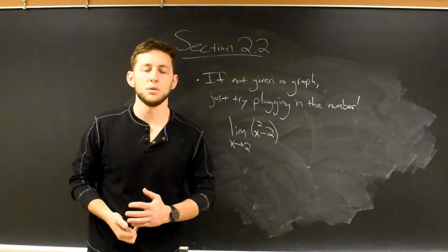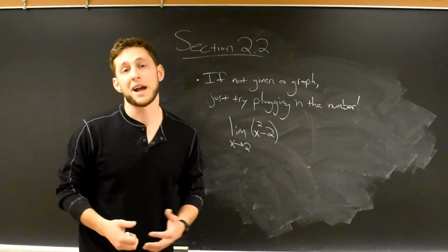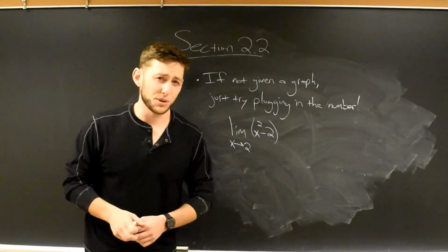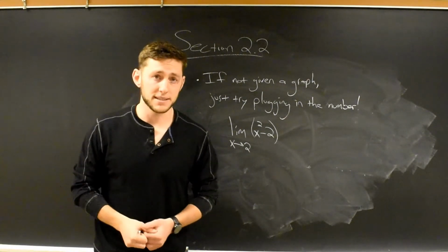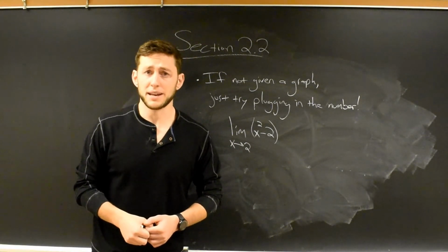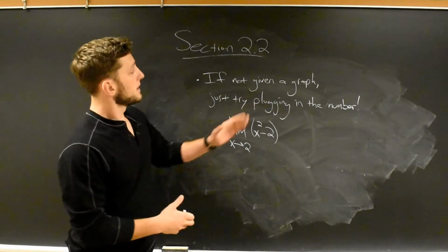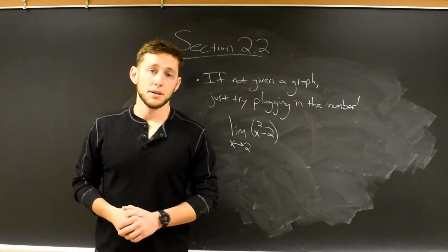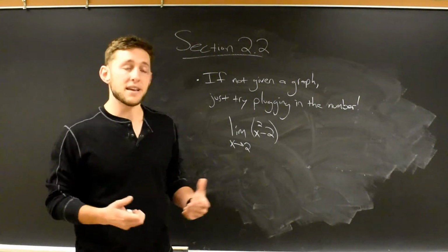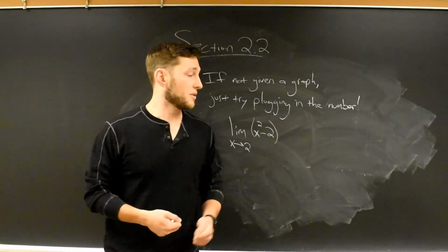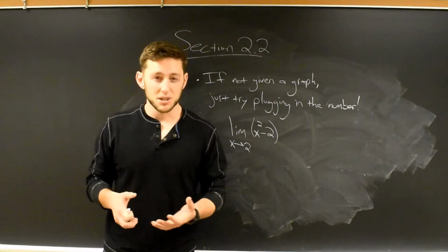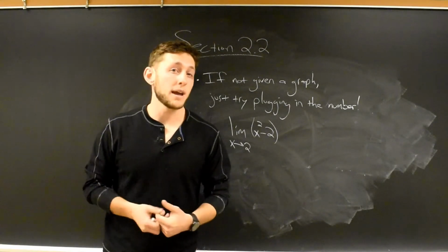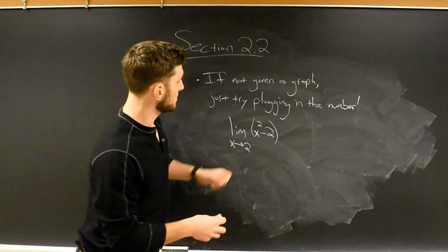Now so far we've only talked about limits as far as graphs go. And if you're doing something with a graph, you can always do it with an XY table, but I pledge to never do that again after 2.1. Here's a little bit of a hint for what's to come. If you're just given something like this, hey, evaluate the limit as x approaches 2 of x squared minus 2, turns out most of the time you can just try to plug in the number. What do I mean by that?